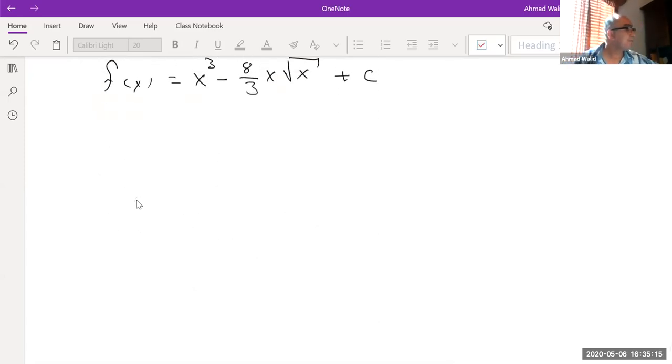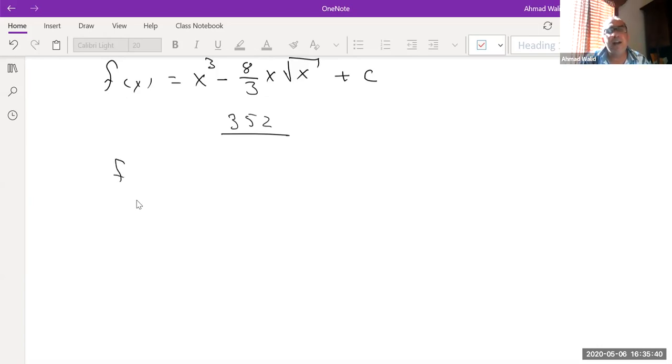Now, page 352, but I will write everything here. You have a table of some antiderivatives, but I will write here on the board. At this time, you should have a book, but if you don't have, you can make notes from here, correct?